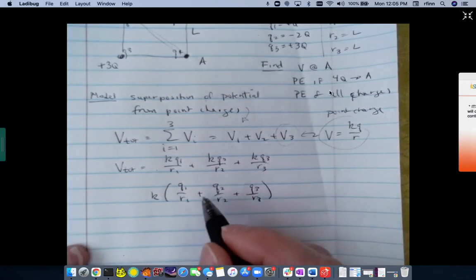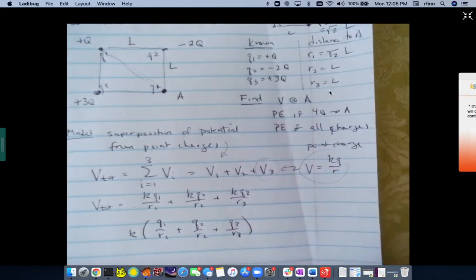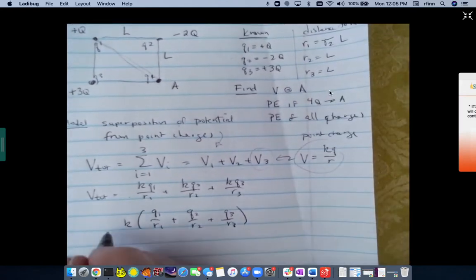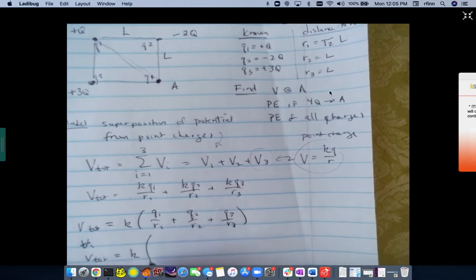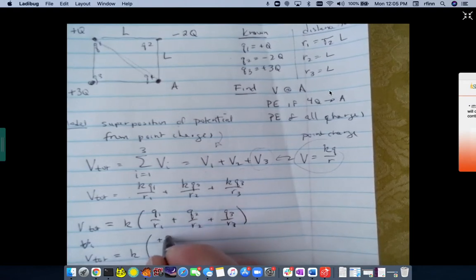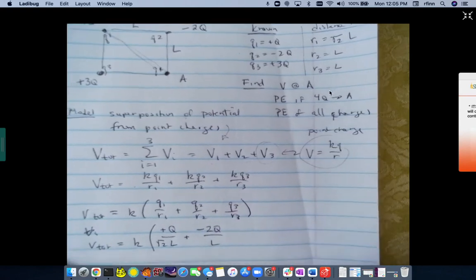Now we can plug in our values. We have up here the charges in terms of big Q and the distances in terms of L. So my total potential is k, and then Q1 is plus Q, R1 is the square root of 2 times L. Then Q2 is minus 2Q, and it's a distance L away.